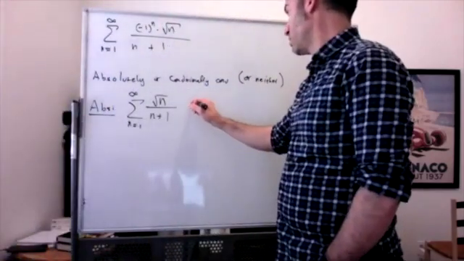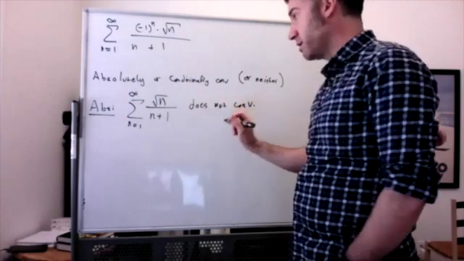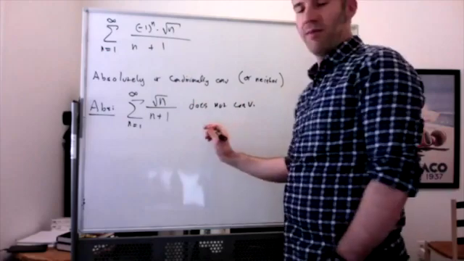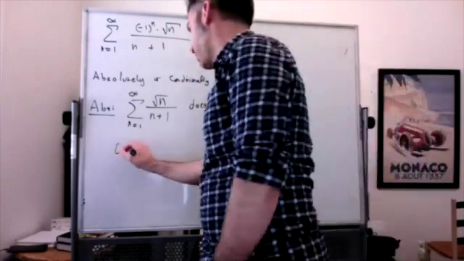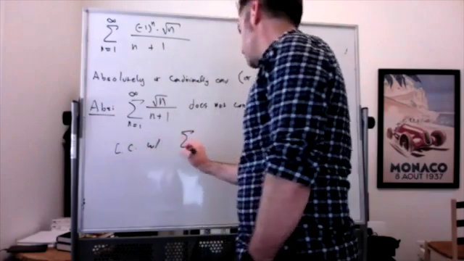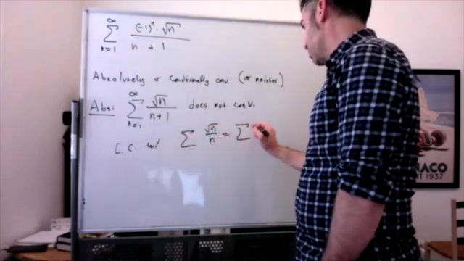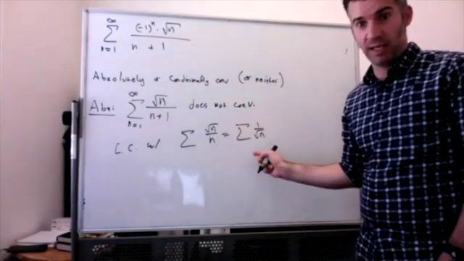No. This does not converge. Because if I use the ratio test, for example, not the ratio test, the limit comparison test. If I limit compare it with just the square root of n over n, which is equal to 1 over the square root of n, that's divergent by the p-series test.